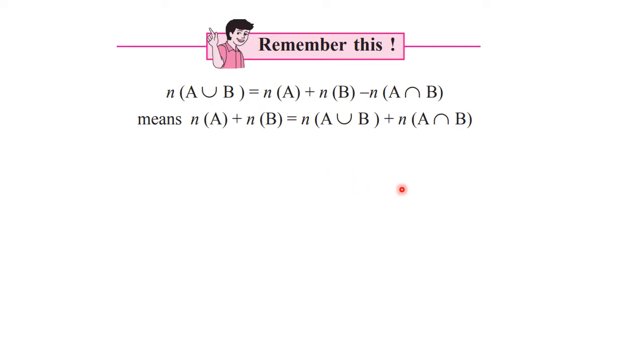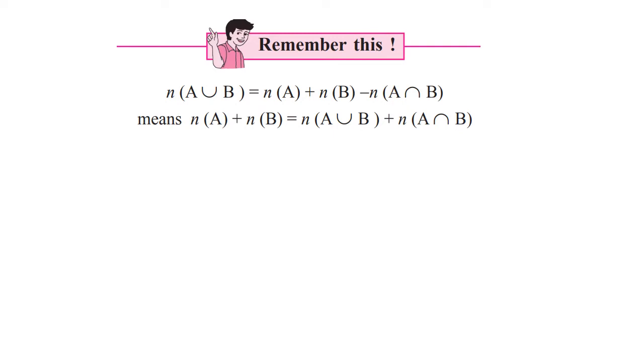Now let us discuss the solved examples based on this formula. These word problems we can also solve by using Venn diagrams. So there are two methods to solve word problems based on the number of elements in sets: either we use this formula or we use a Venn diagram.